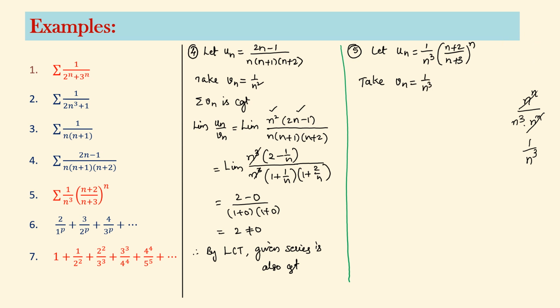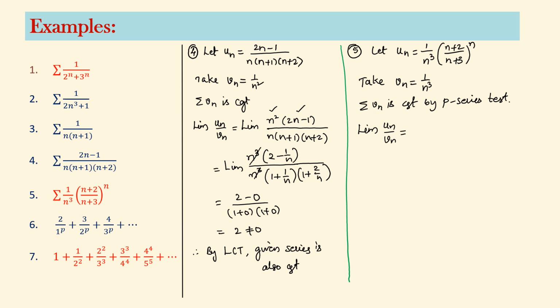And we know that by P series test, summation Vn is convergent. Now calculate limit of Un by Vn.